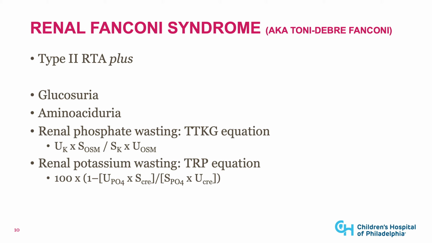The TTKG and tubular reabsorption of phosphorus are based upon fractional excretions and are meant to test if the kidneys are part of the problem or part of the solution. Specifically, how do the kidneys respond to low blood potassium and phosphorus? Do they preserve potassium and phosphorus as they should, or are they unable to hold on to these electrolytes?